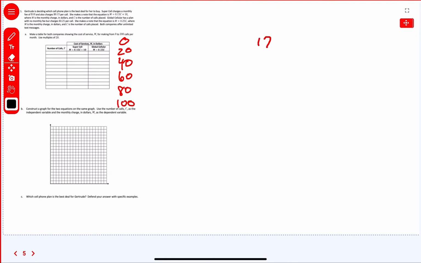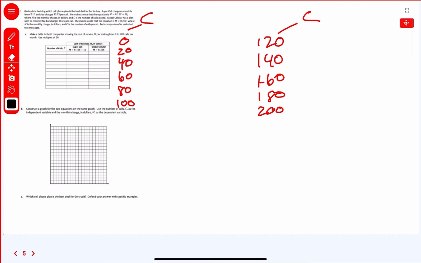And I'm going to come over here and say 120, 140, 160, 180, and 200. Okay? So if I plug that into Supercell, we now know C. These are our C's, right? So we're going to take those C's and plug them into the equation to get our M.